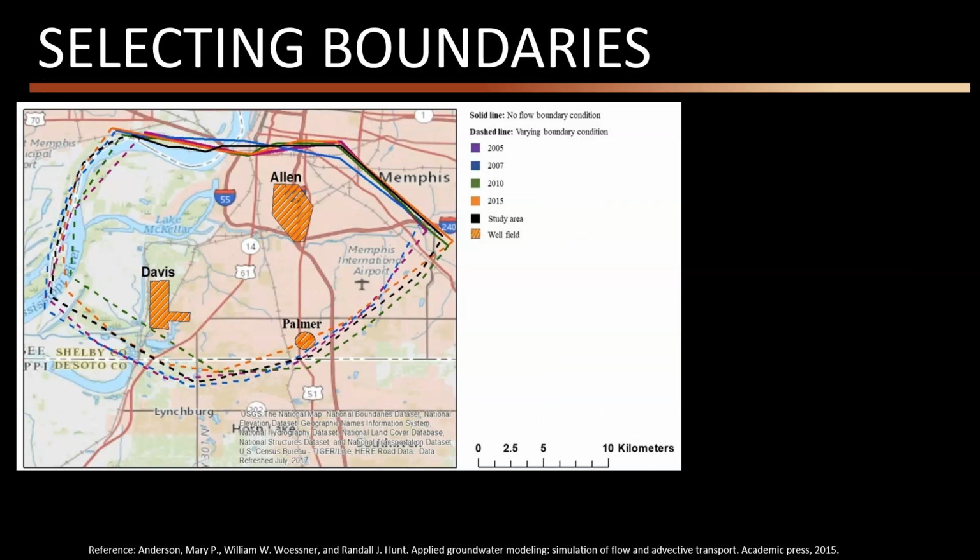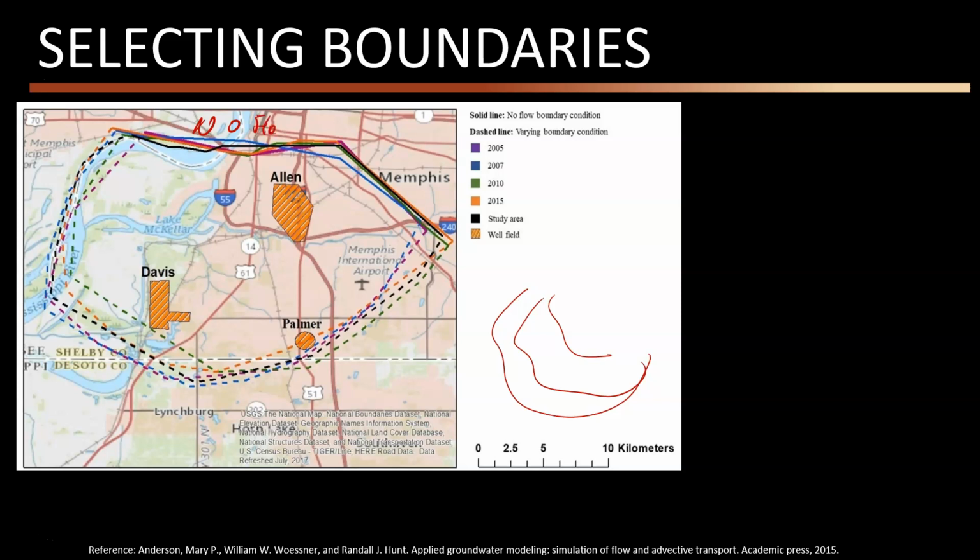This is another example of how we can define the physical boundary conditions or hydraulic boundary conditions for our problem. As you see here, again, based on the potentiometric map information, the modeler has defined a no-flow boundary condition, which is shown by the solid line.